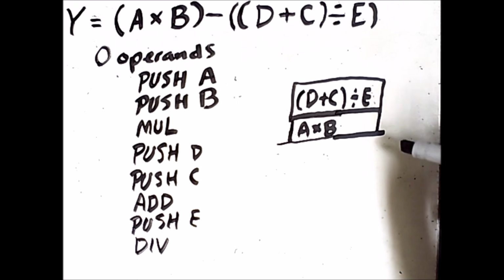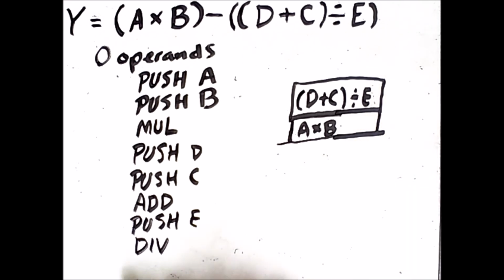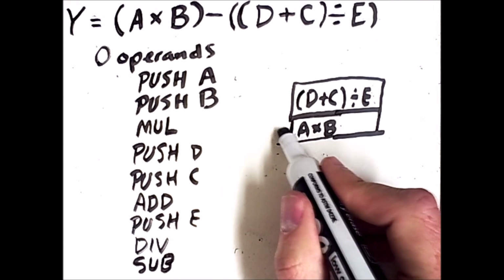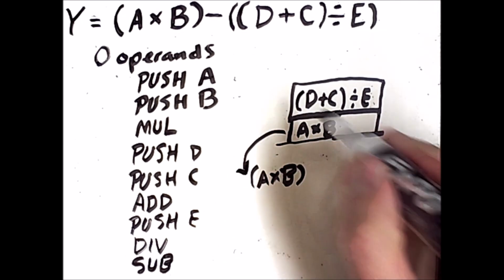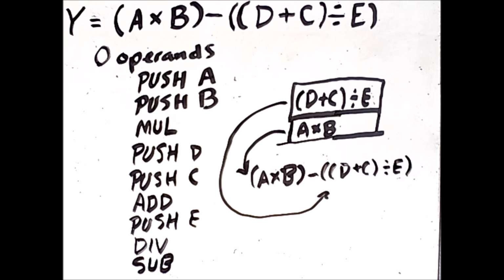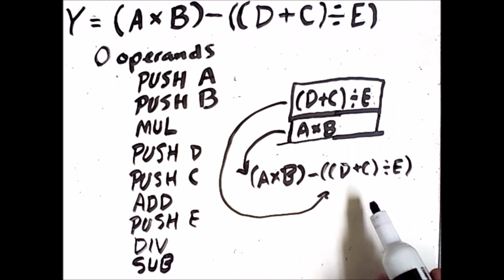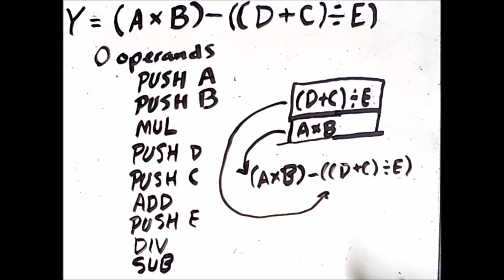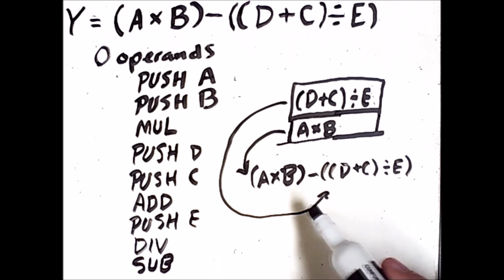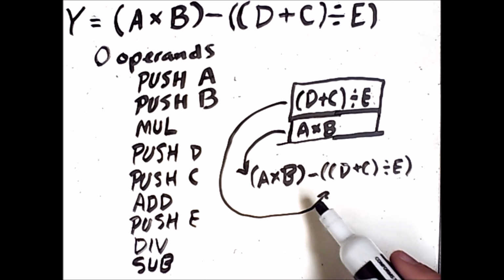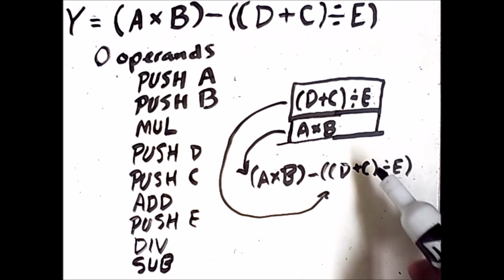Now the stack has only 2 items on it again. The next operation I'll do is subtract. That pops this item off and this item off. And notice that this result is the final result we want to calculate. So after doing the subtraction, the result we want is the one and only element on the stack.